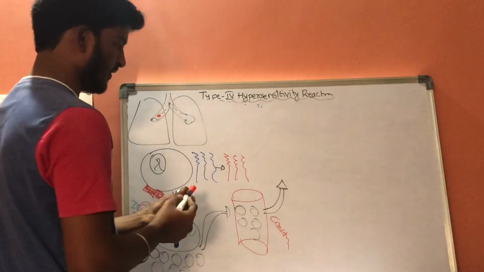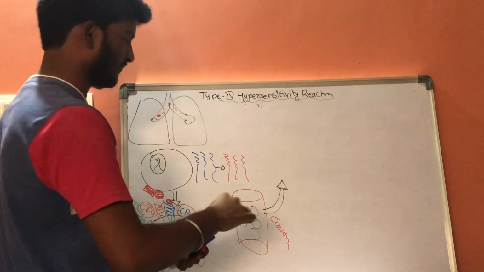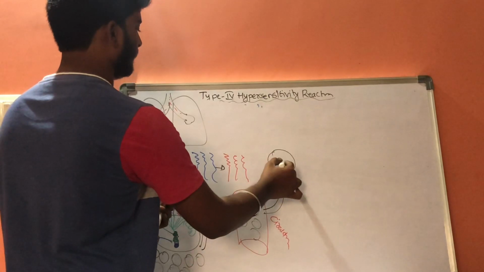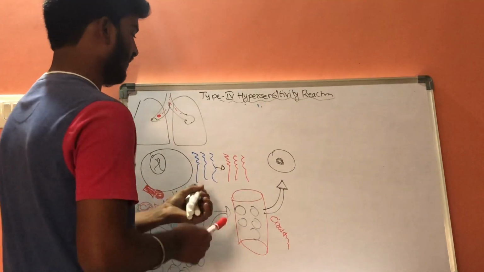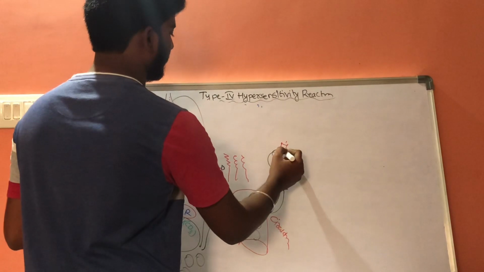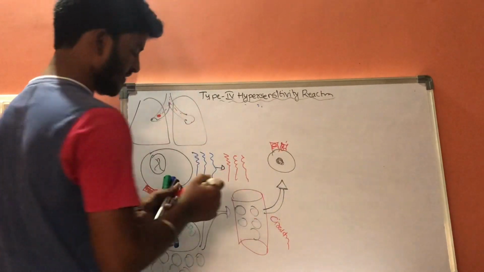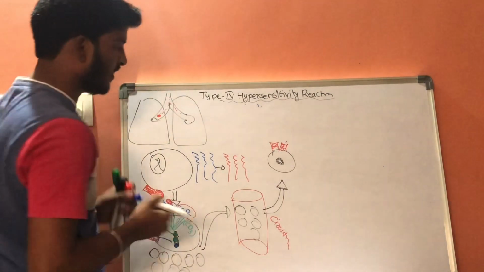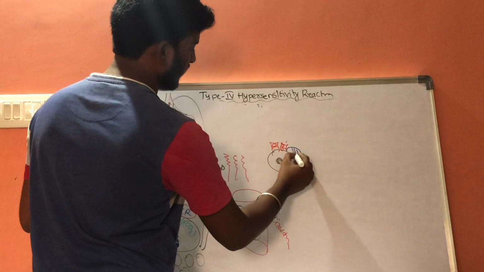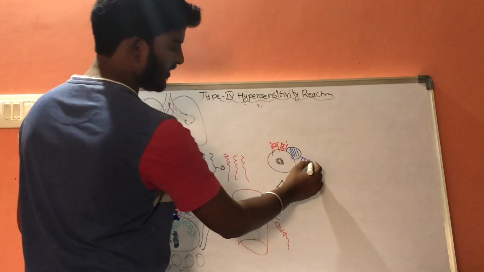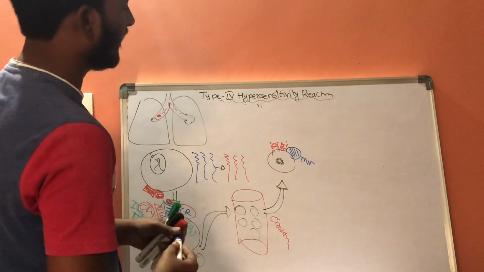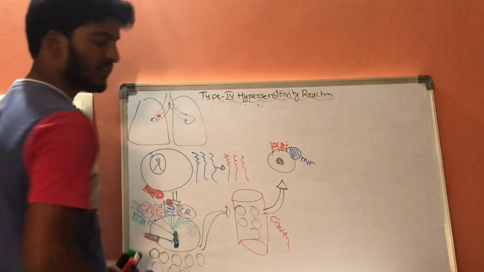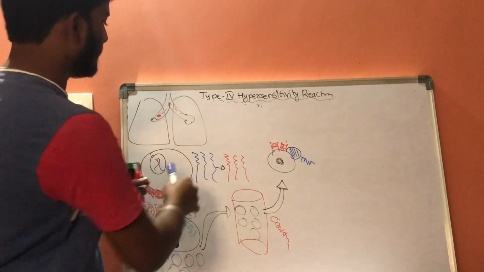These are the T cells, which consist of T cell receptors and CD4 markers, and they release a special type of protein, that is tumor necrotic factor. This is the first part.